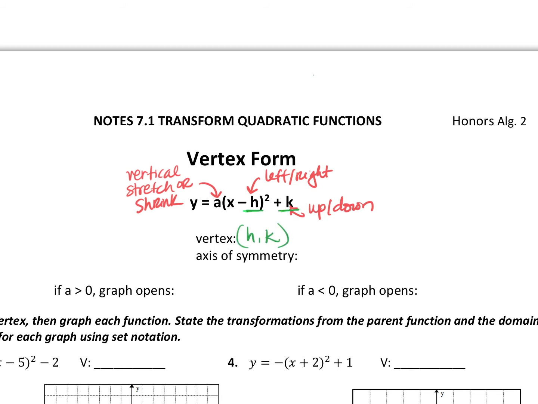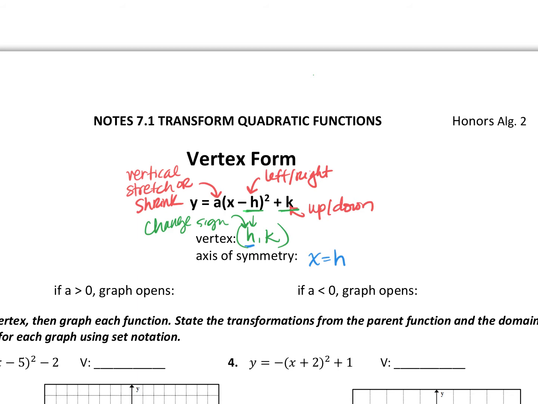Now, h, you have to remember that you have to change the sign on that h. Now, k is exactly the way it appears in the equation, but the h does change. Now the axis of symmetry is going to be x equals h. Whatever that h value is in your vertex, that's what you're going to use for your axis of symmetry.